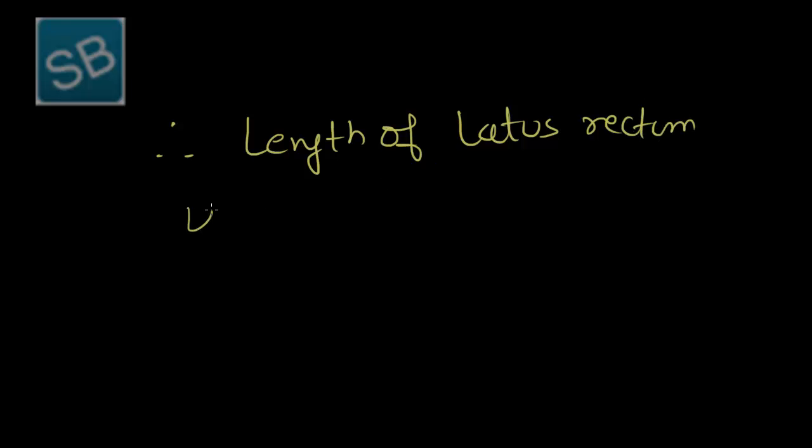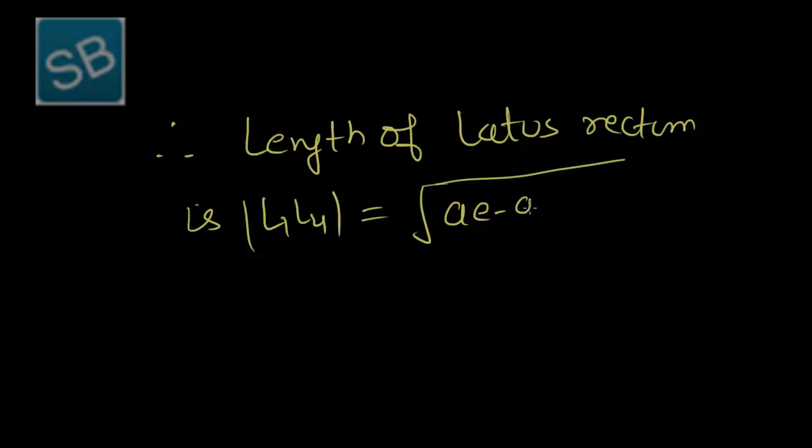Therefore, the length of the latus rectum L1L4 is, by the distance formula, the square root of (ae minus ae) whole square plus (b square over a minus (minus b square over a)) whole square.